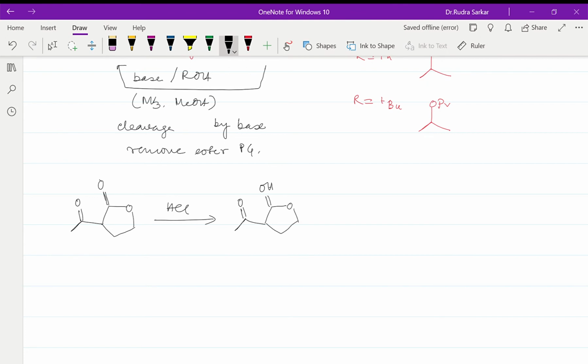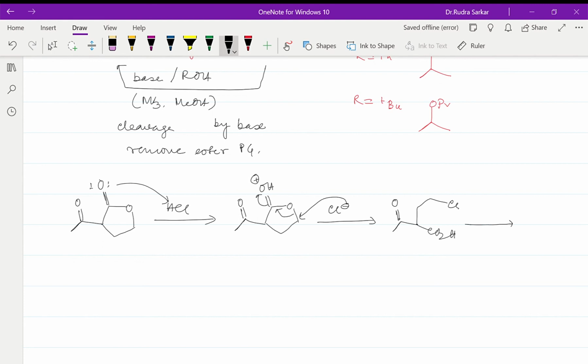So basically this oxygen gets protonated, which will then be attacked by a chloride molecule. Cleavage of the cyclic lactone will take place, and the following molecule will be generated.